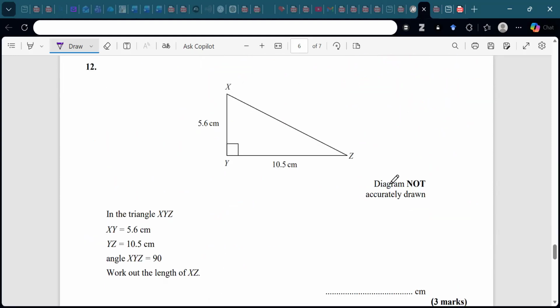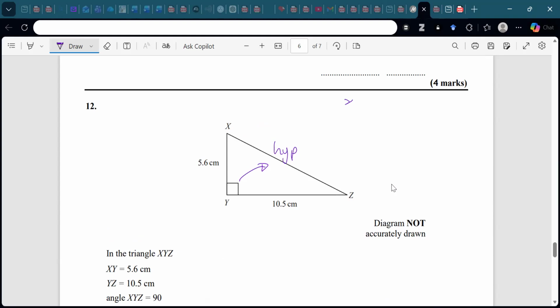Number 12 is in like manner. We are to find the length of XY. So this side is our hypotenuse. So we have, sorry, XZ is equal to 5.6 squared plus 10.5 squared. 5.6 squared is going to give us 31.36 plus 10.5 squared is going to give us 110.25.